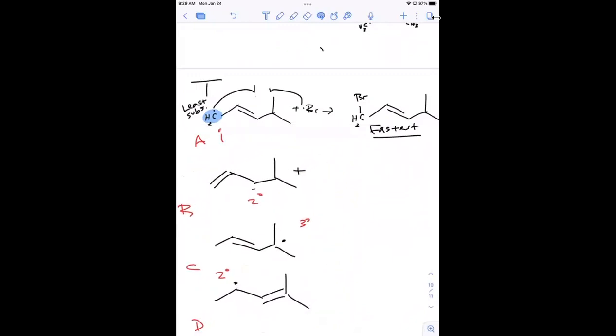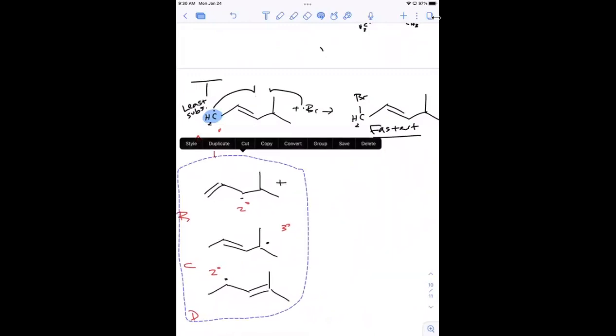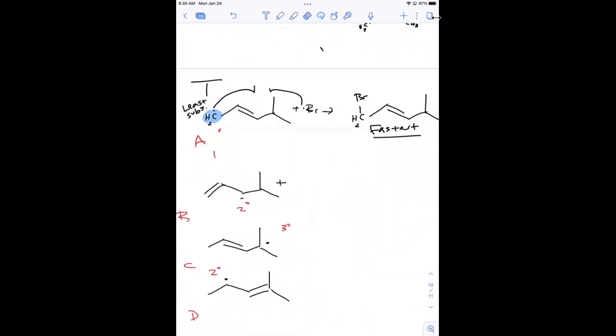Shrink it. So all of these are going to be plus a bromine radical.